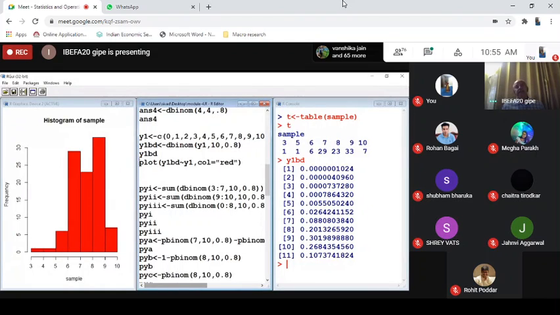Anyone? If I know the binomial distribution probabilities, by knowing these probabilities, can you judge what is going to happen in your sample?